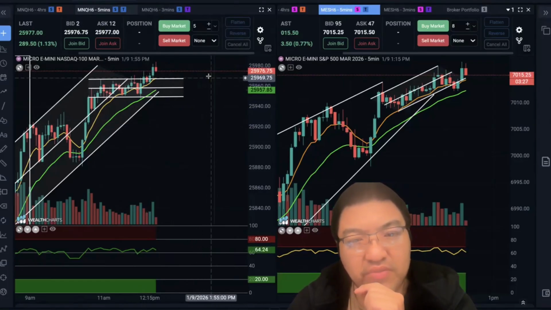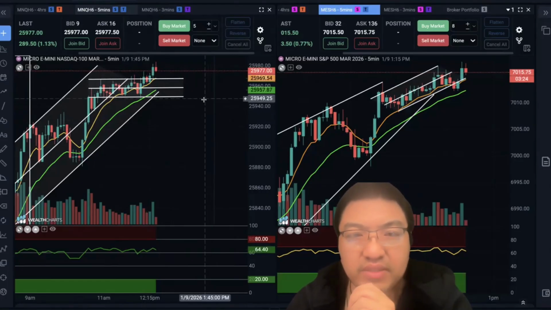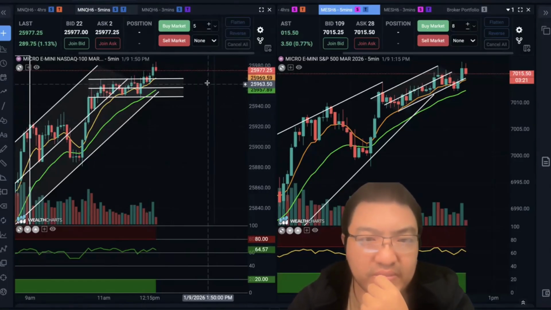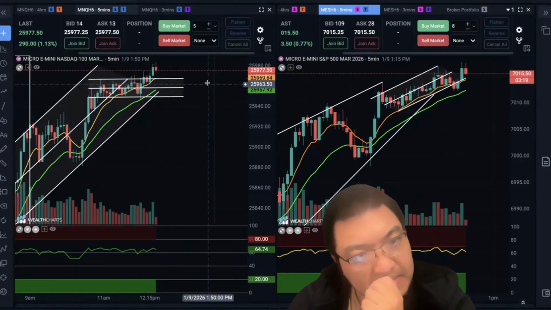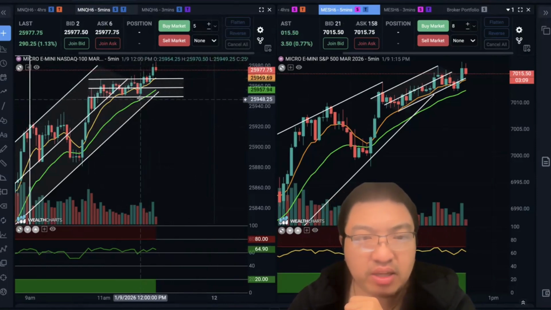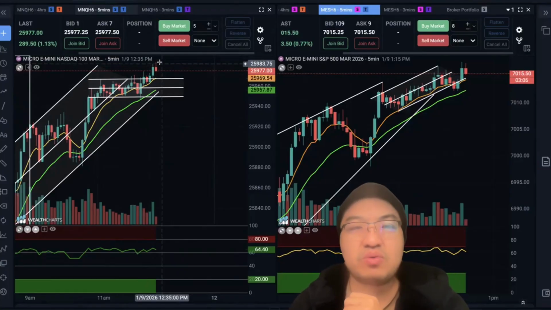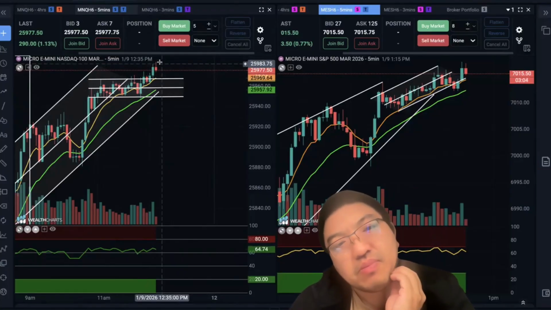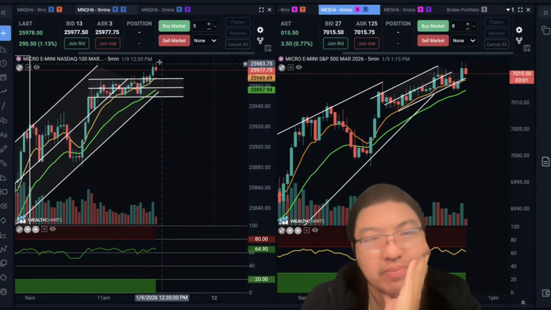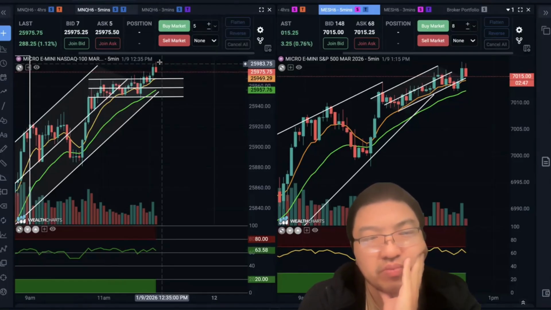See if it engulfs to here, retests to here or here, then the liquidity sweep backtests to EMA 21 and goes upside.